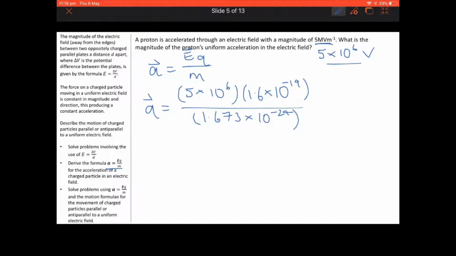Sorry, I think it's not 24 actually, I think it's 27. Pop it all into your calculator and you'll get 4.8 by 10 to the 14 meters per second squared. And that's the magnitude of the proton's uniform acceleration in the electric field.